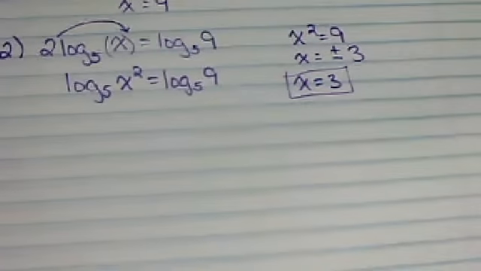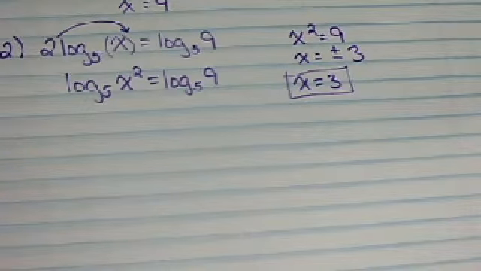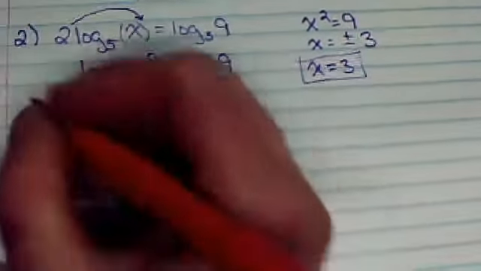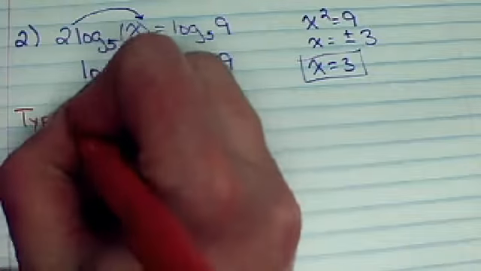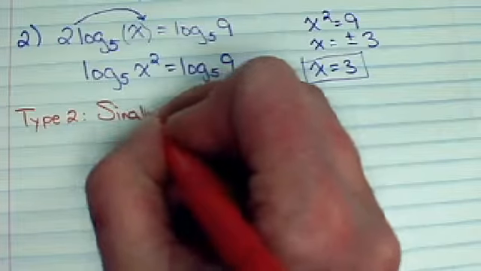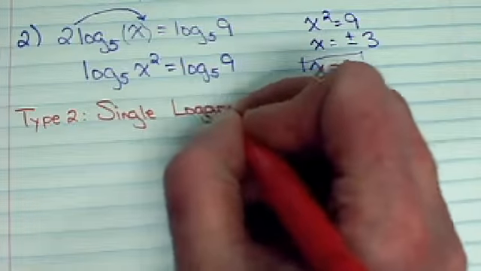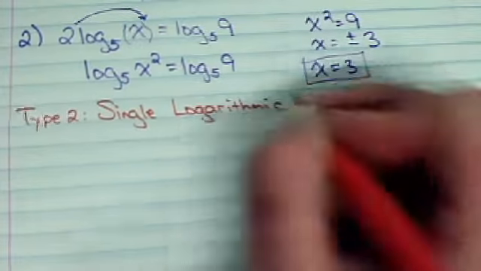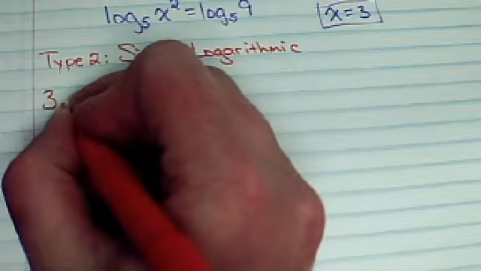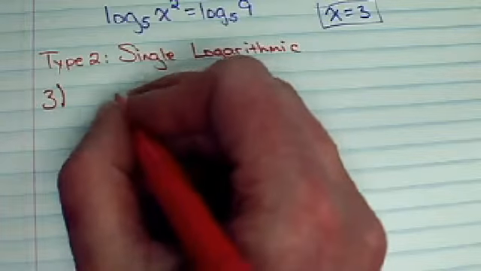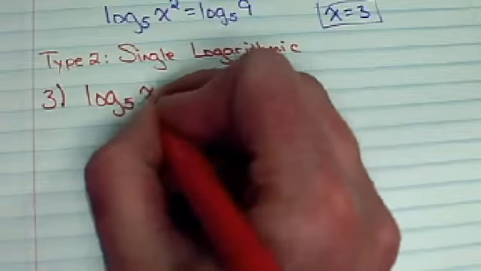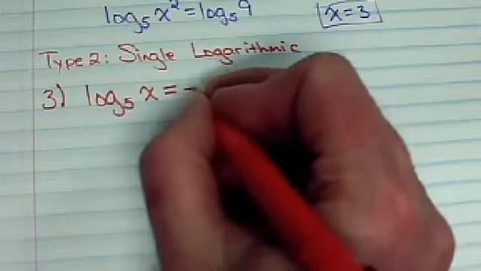Now, what if I had a situation where the bases were not matching? Or actually, these are when we have a single logarithm. You won't see many where you have a different base on each side. Single logarithmic would be when I have something like, starting real simple, log base 5 of x equals negative 3.